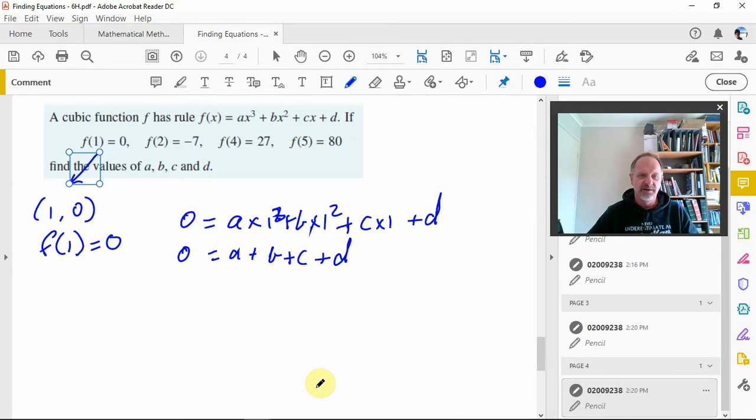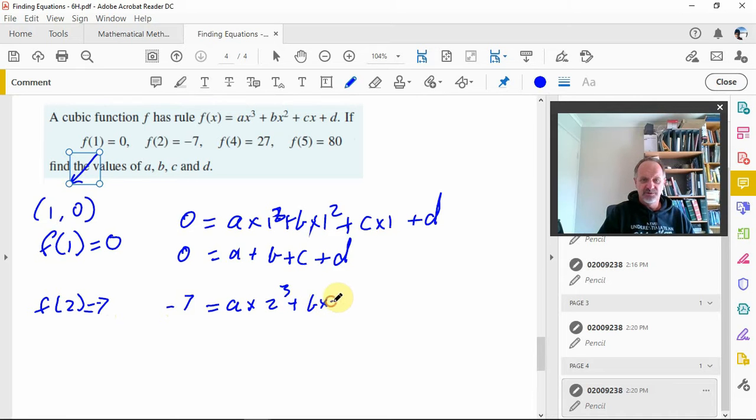All right, the next one I'm going to use is 2 and -7. So it's equal to -7 when x is 2. So it's a times 2 cubed plus b times 2 squared plus c times 2 plus d.